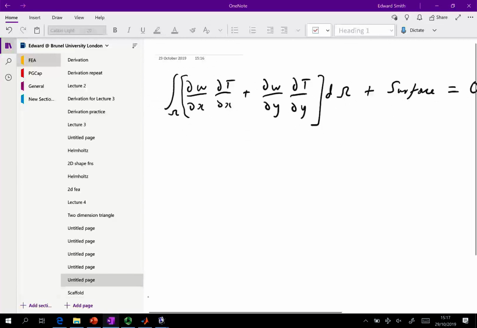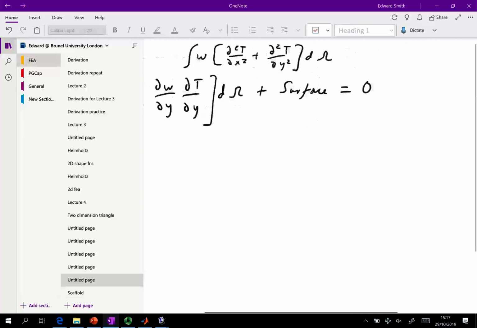Just for completeness, I should actually say that the starting equation we're solving is d2T/dx squared plus d2T/dy squared, times ω. And then what we do is we actually use essentially integration by parts. Now in 2 dimensions, this is a slightly more general version of that, called the Divergence Theorem.